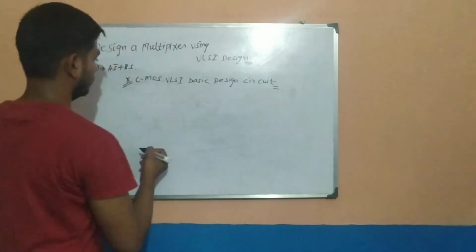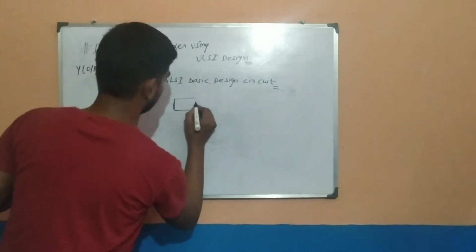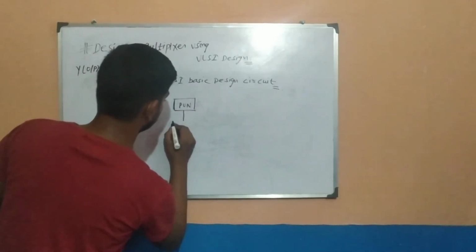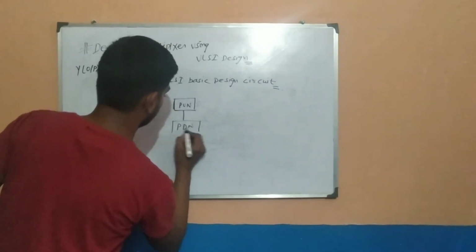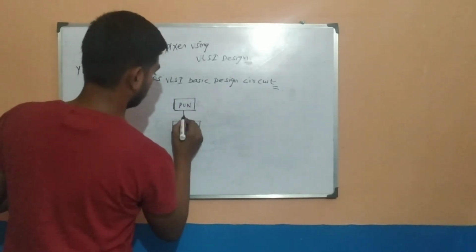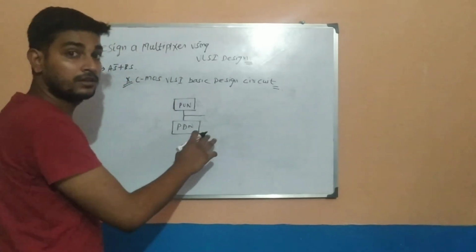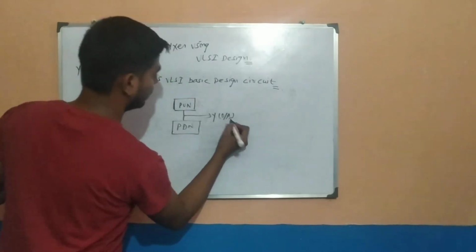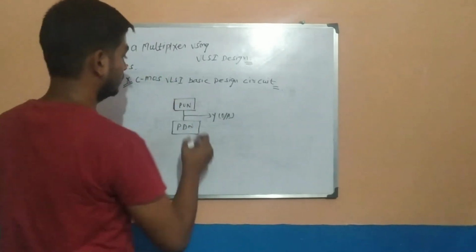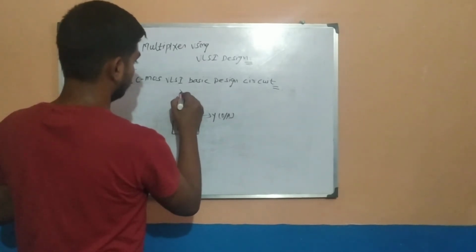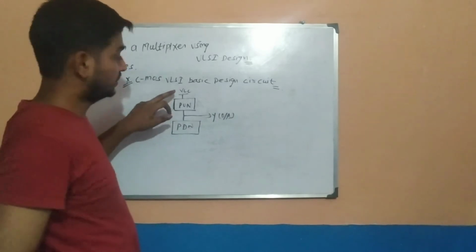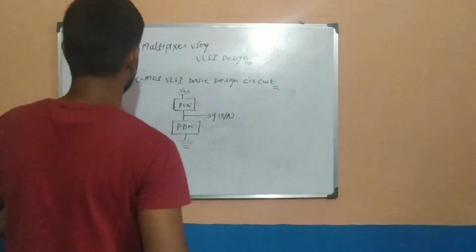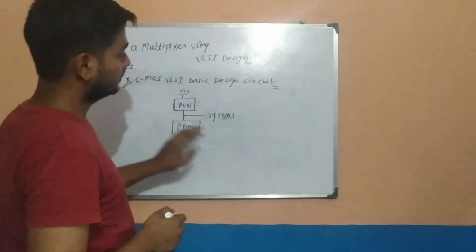This is the pull-up network and this is the pull-down network, and there is an inverter, and this connects to the output Y. The pull-up network is connected to VCC, meaning supply voltage, and the pull-down network is connected to ground. So please write down this basic design circuit of CMOS VLSI.